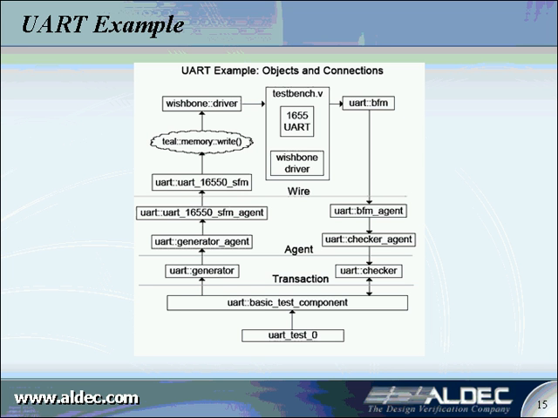So the test bench was using this Wishbone interface to access it, and as you can see, the generator agent is going through an SFM agent, and SFM here is a software functional model, which calls the TEAL memory write function and updates register values in the actual hardware in the Verilog module.